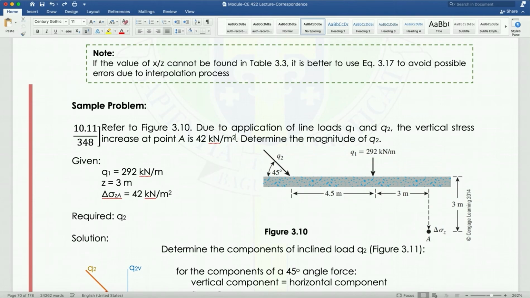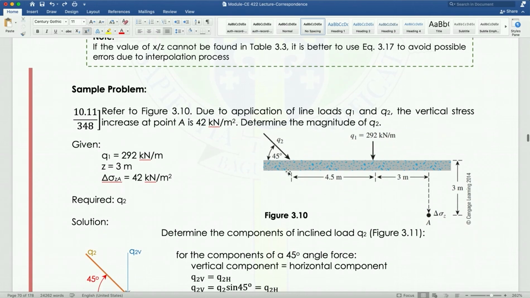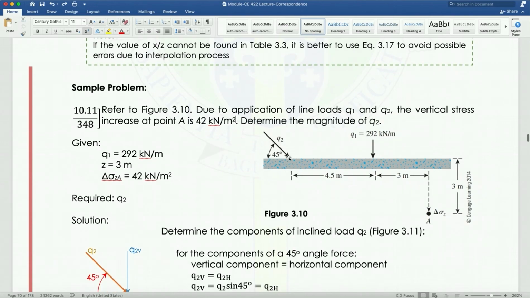Determine the magnitude of Q2. Here it is a combination of vertical and horizontal, so we need to find the components of Q1 and Q2 vertically and horizontally.